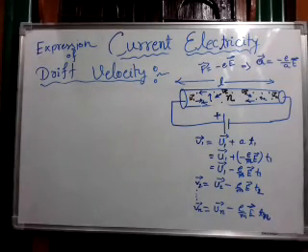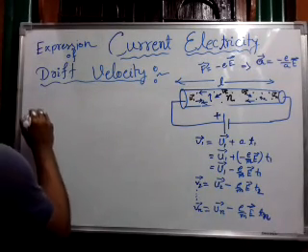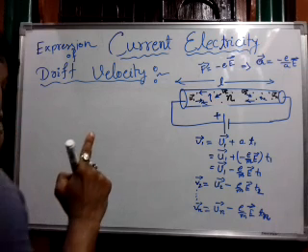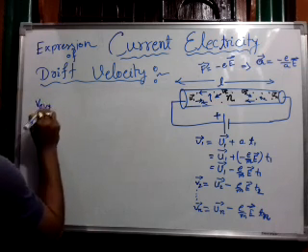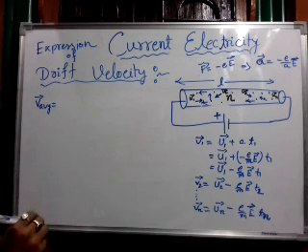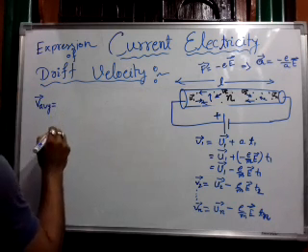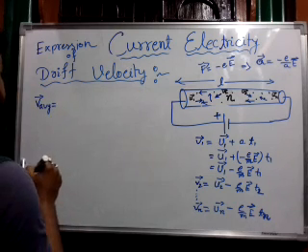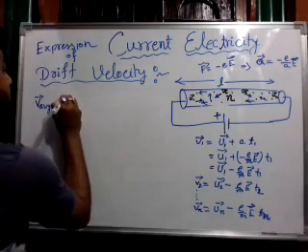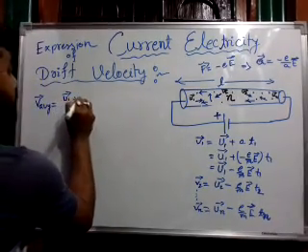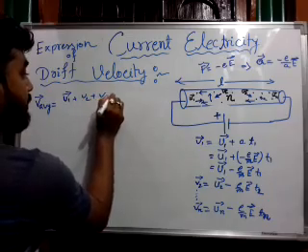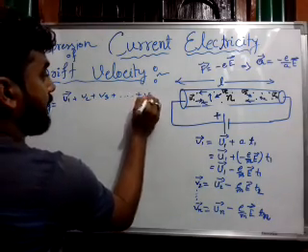Clear? The resultant velocity is the average velocity, denoted V avg. Average velocity is equal to V1 plus V2 plus V3 plus up to Vn, divided by n.